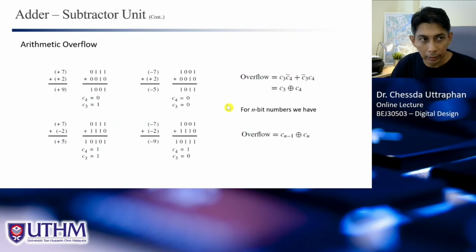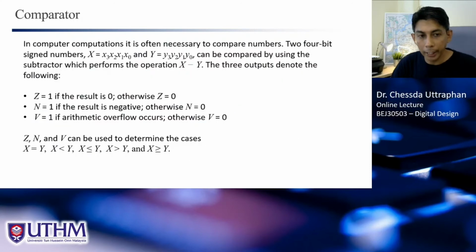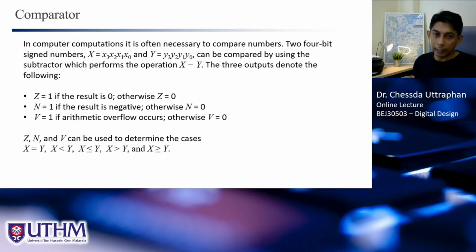Okay. Now, from that information, we can create what is called a comparator. So what is a comparator? A comparator is a circuit that can be used to compare two numbers.